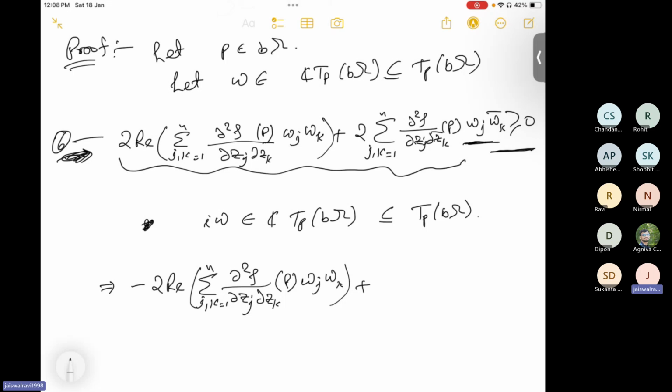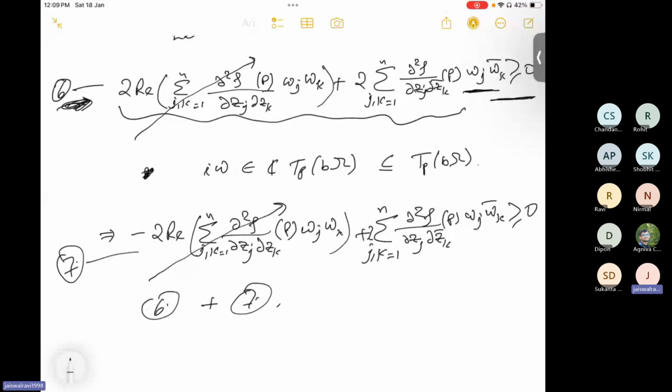If you add 6 plus 7, you can see that the first terms cancel, and you basically get this Levi form, with 4 times the sum over j,k from 1 to n of del square rho over del zj del zk bar at P, wj wk bar, which is positive for all w, where we took w in the complex tangent space.